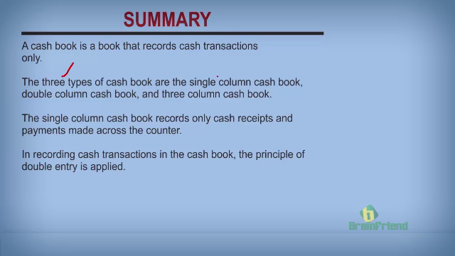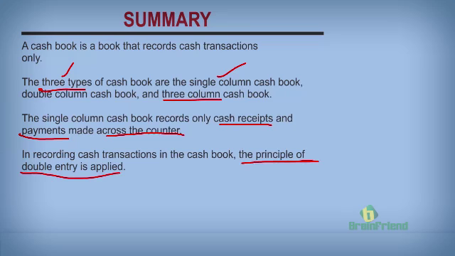There is a single column, there is a double column, and there is a three column. We also did say that the single column cash book records cash receipts and cash payments made across the counter. And in recording cash transactions, the principle of double entry is strictly applied.